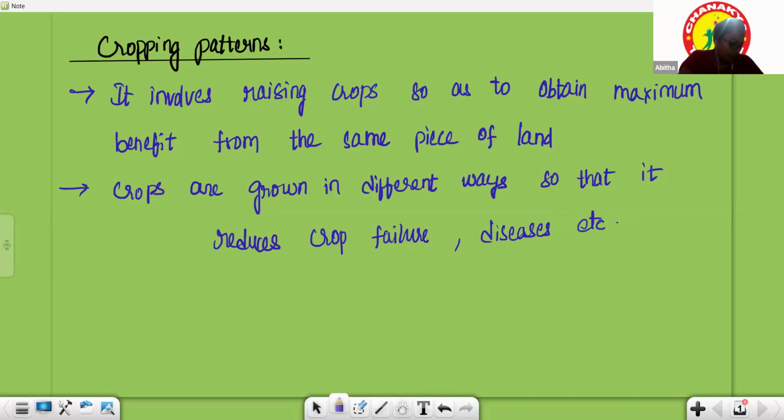So here we are going to discuss three cropping patterns. One is mixed cropping, the other one is intercropping, the third one is crop rotation.